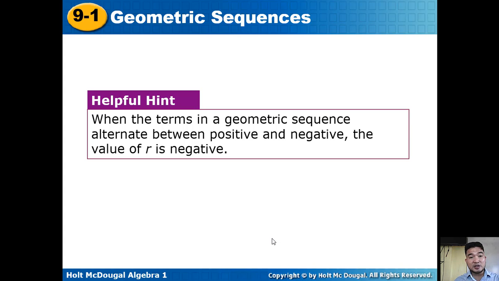Pag nakita nyo na magkasunod ay isang positive at isang negative, meron siyang alternate na signs, then automatically the r, or the common ratio, is negative. Yun yung palatandaan ninyo doon.